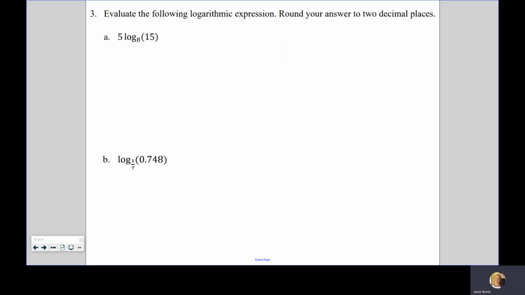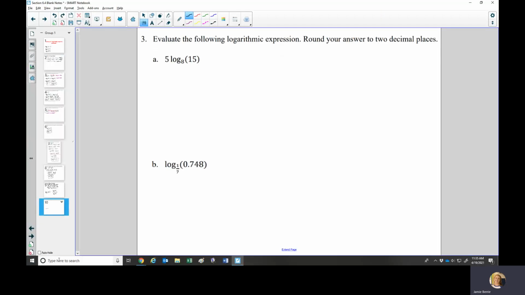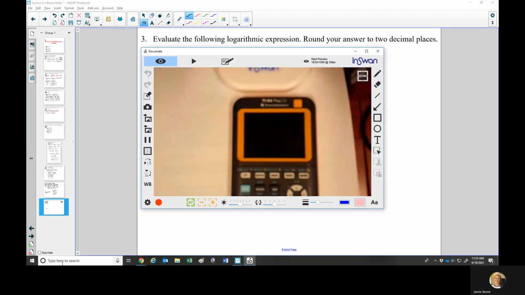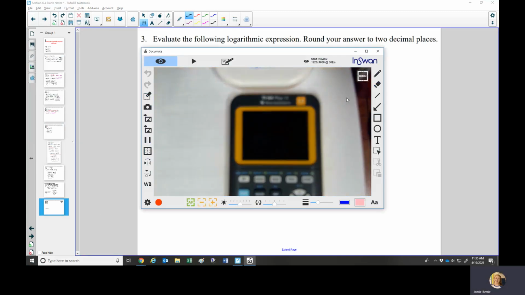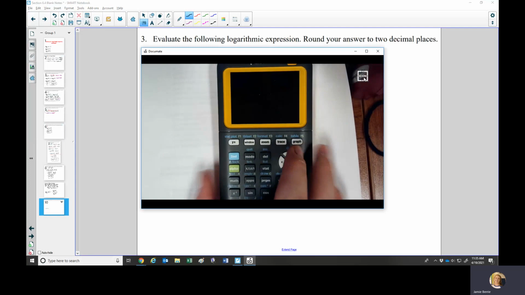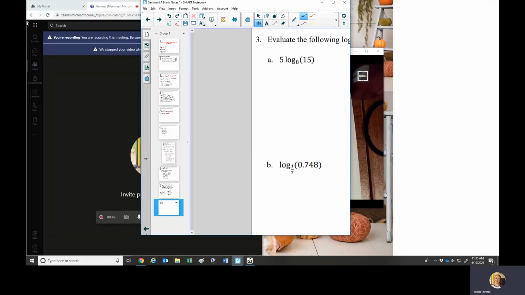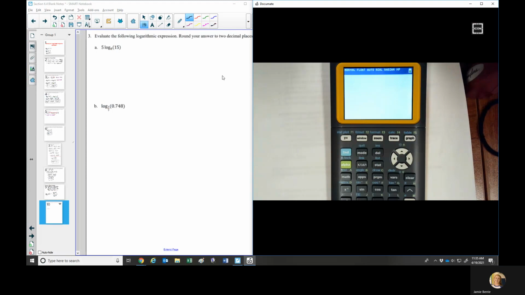It says evaluate the following logarithmic expression. Round your answer to 2 decimal places. All right, so I'm going to open up my document camera here. You can see my calculator. So we have 5 times log base 8 of 15.